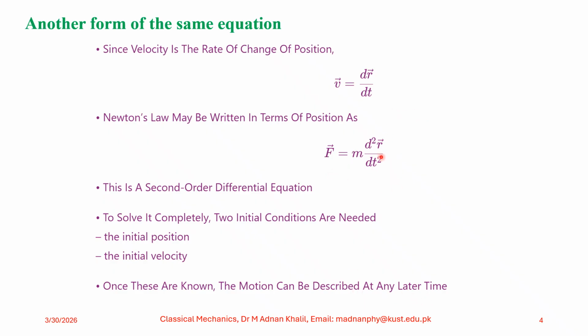Those conditions are usually defined in terms of the position vector and the first derivative of the position vector, which is the initial velocity. Say if we are discussing free fall, we need to know the initial height and at which velocity the object is thrown down. Once we have those conditions, the motion can be described at any later time t.